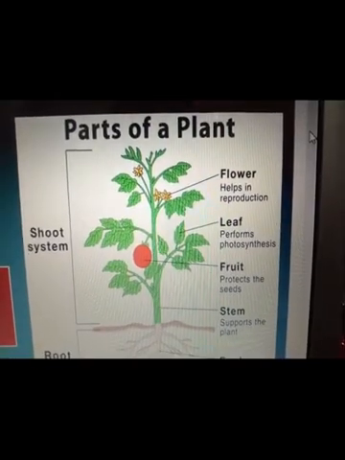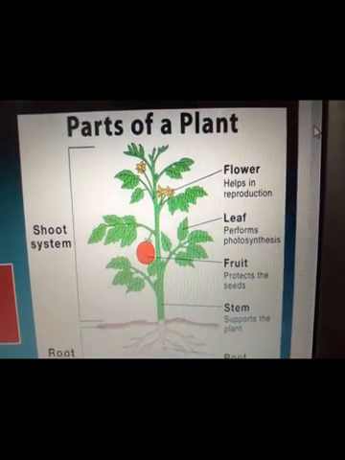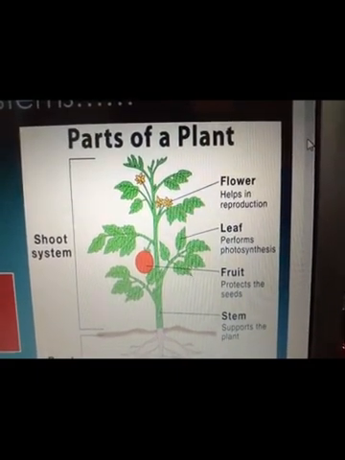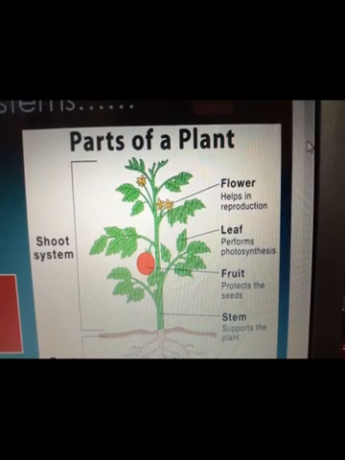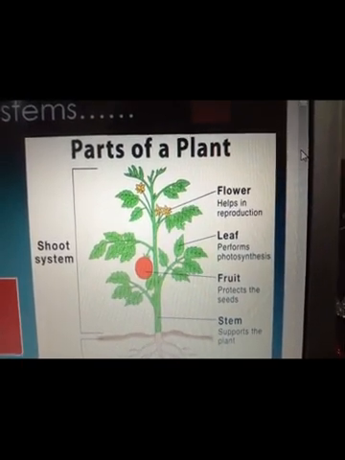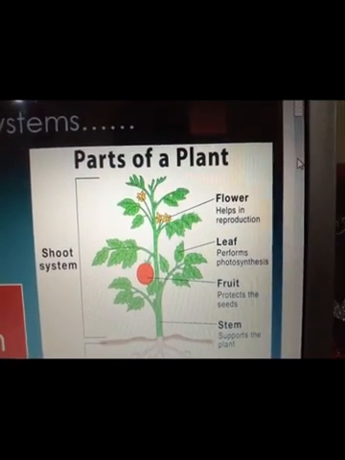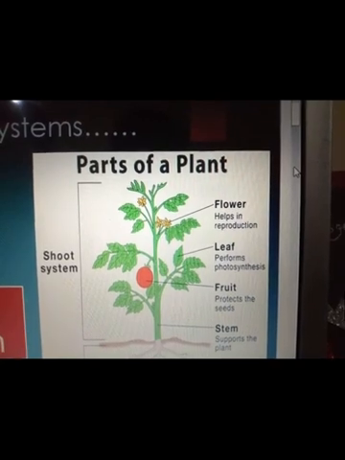So these are the functions of the parts of the shoot system. Flower helps in reproduction, that means flowers help the plant to produce fruits and seeds. Leaves produce food for the plant.